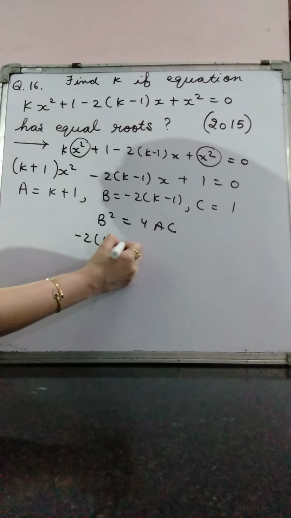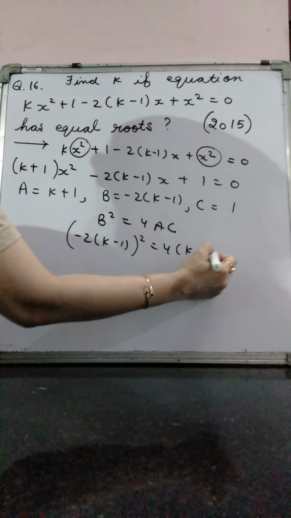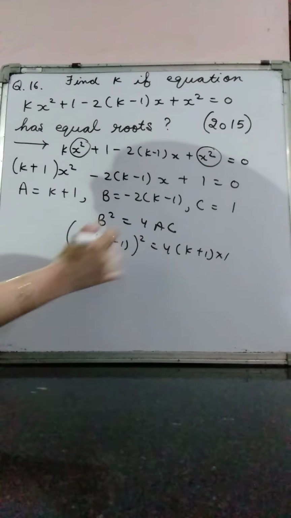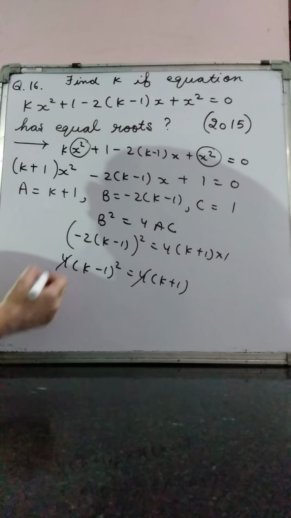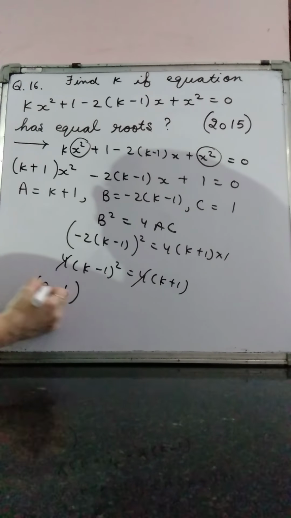Substitute values. Minus 2 square is 4. Cancel out 4. Apply the identity. a minus b square is given by a square plus b square minus 2ab.